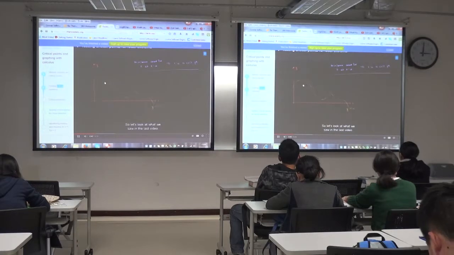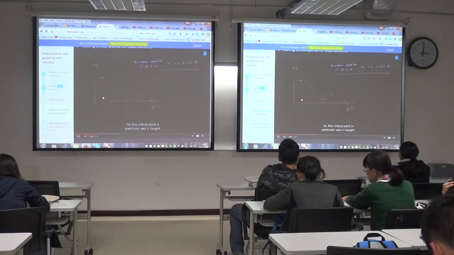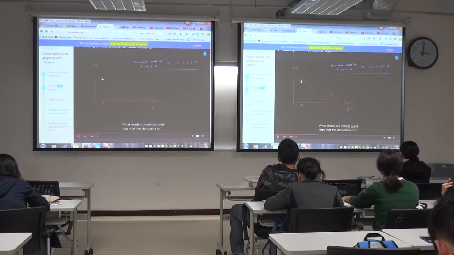So let's look at what we saw in the last video. We saw that this point right over here is where the function takes on a maximum value. So this critical point in particular was x naught. What made it a critical point was that the derivative is 0. You have a critical point where either the derivative is 0 or the derivative is undefined. Let's explore what the derivative is doing as we approach that point.